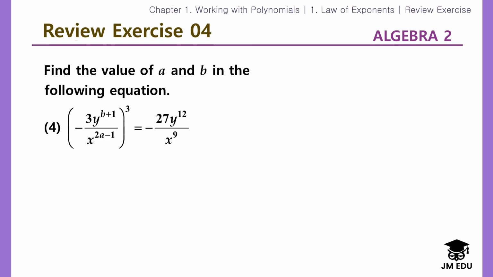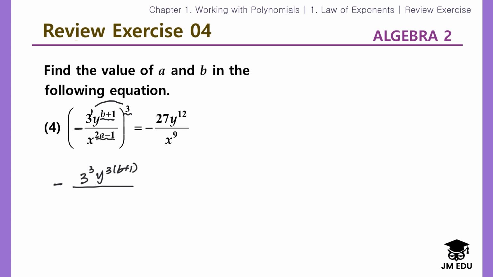Number 4, negative is multiplied 3 times, right? So that's negative 3, 1 times 3, that's 3 cubed. B plus 1 times 3, y to the 3 times b plus 1.